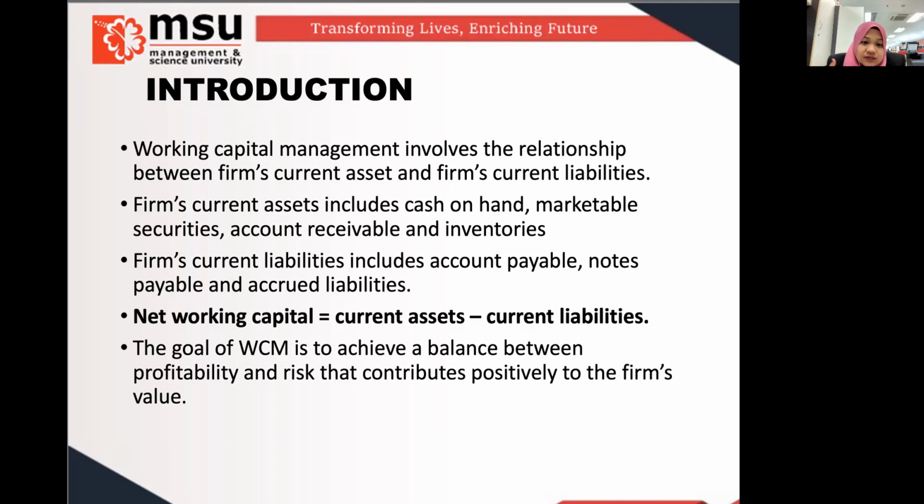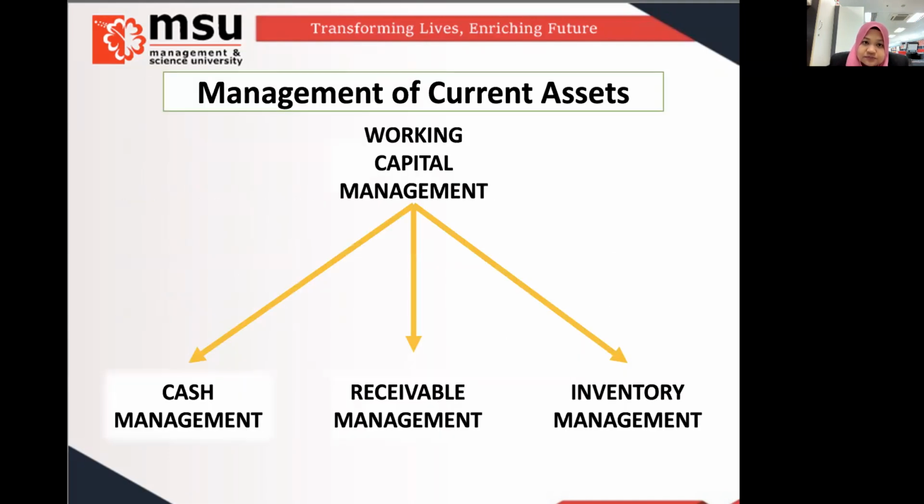So the goal of working capital management is to achieve a balance between the profitability and also risk of the business, which can contribute to a positive firm's value. Because the most important thing is the value of the firm. All right, so that is the importance of working capital management.